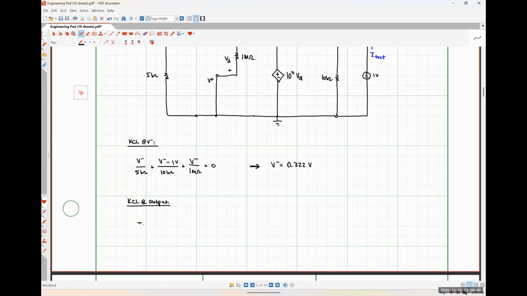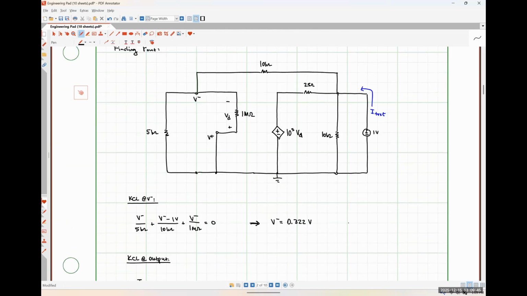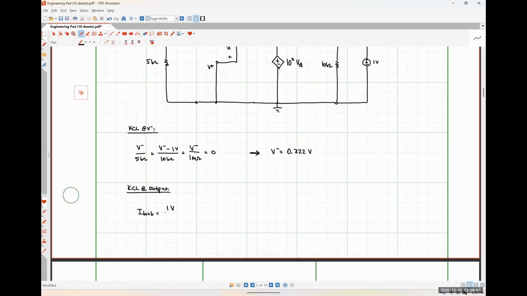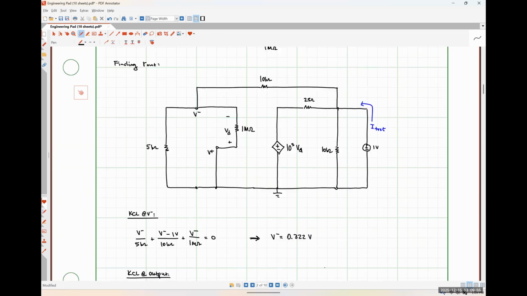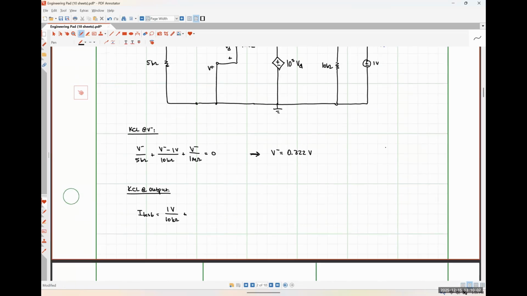So I'm going to have I test is equal to, so I'm going to start with this current flowing down. So that's just 1 volt over 10 kilo ohms. The current flowing through the feedback path is just going to be 1 volt minus V minus over 10 kilo ohms.